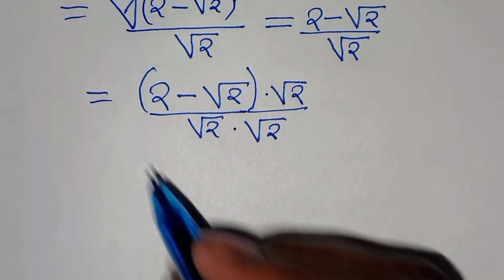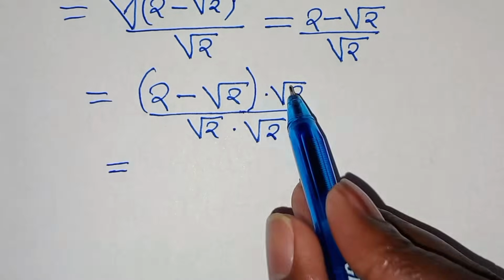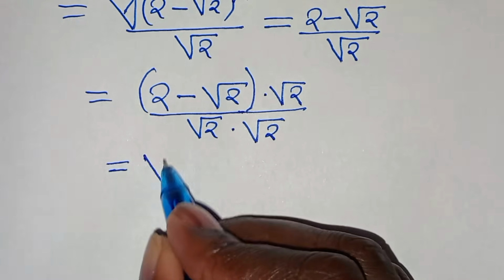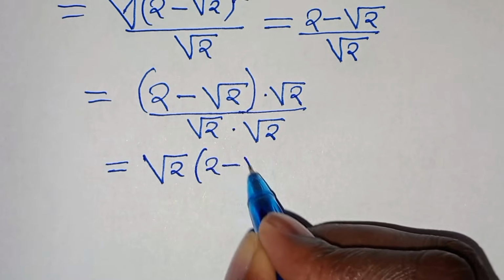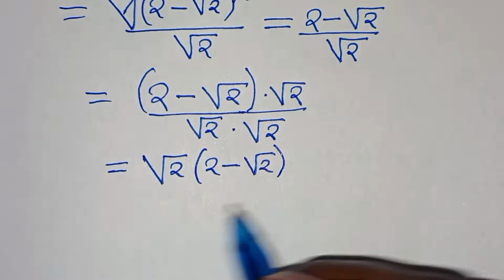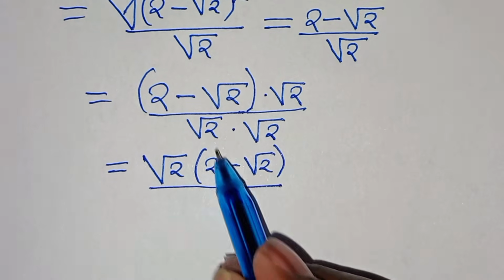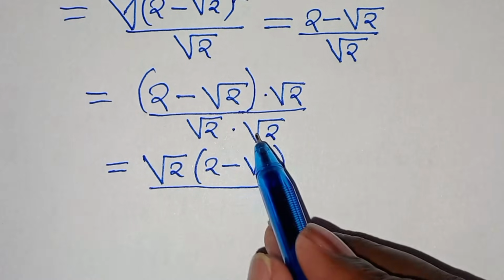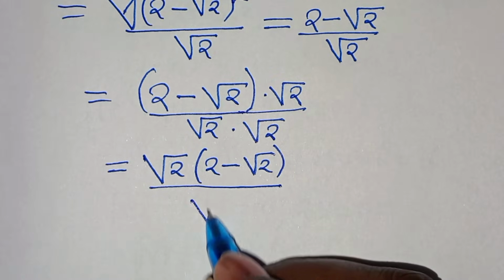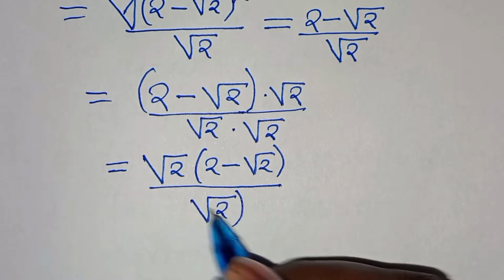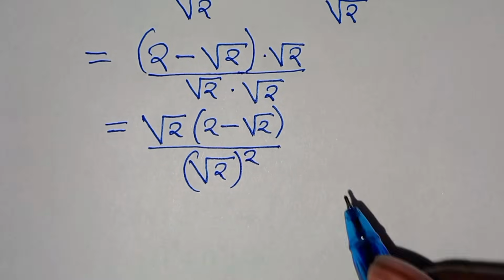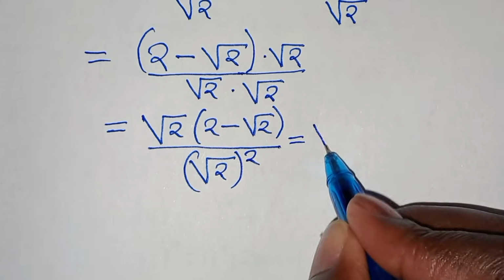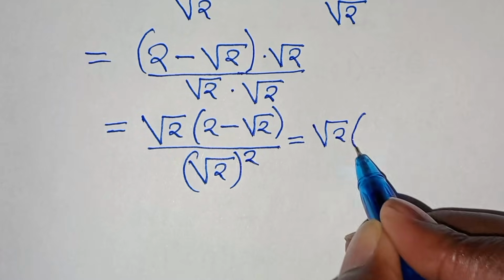So that now we have root 2 multiplied by 2 minus the square root of 2, divided by the square root of 2 times the square root of 2. This is the square root of 2 raised to the power of 2. Now here we have the square root of 2 into the parenthesis.